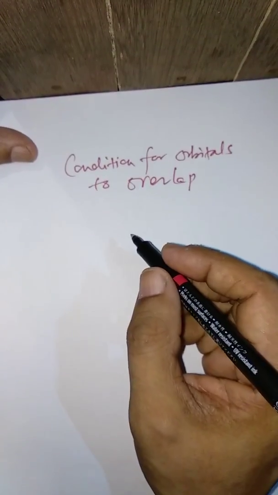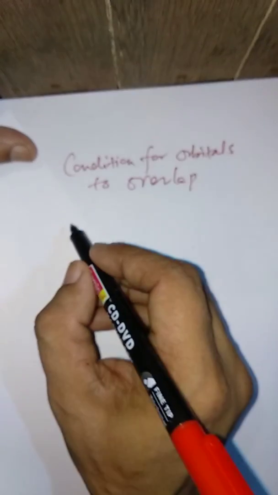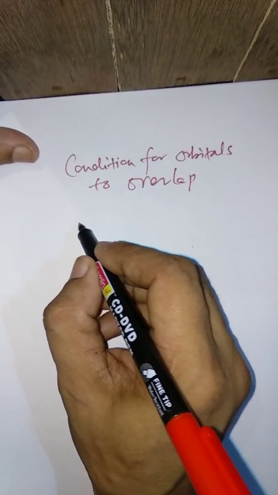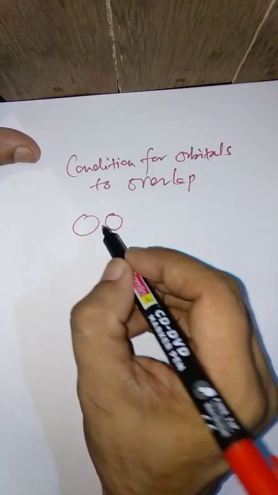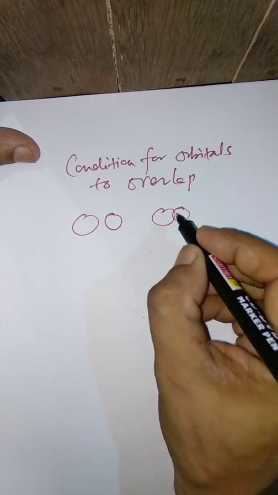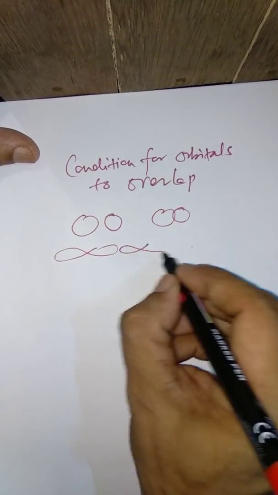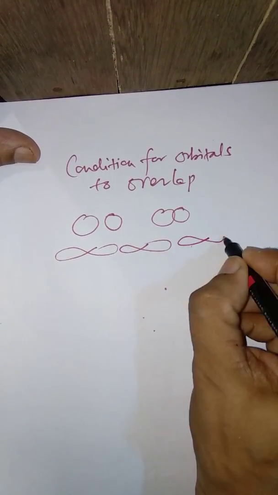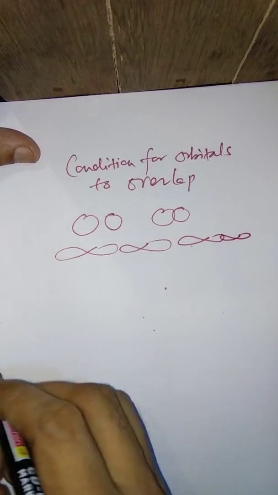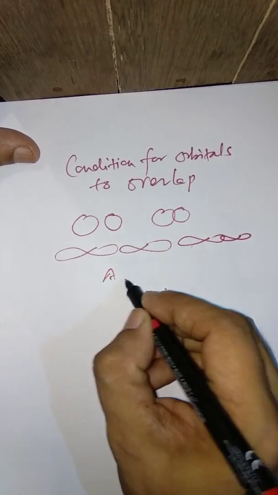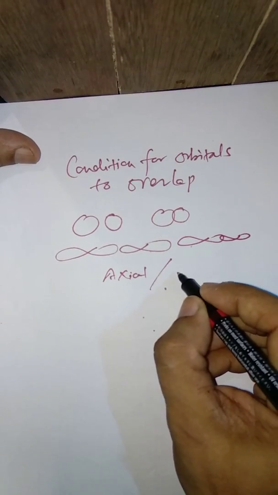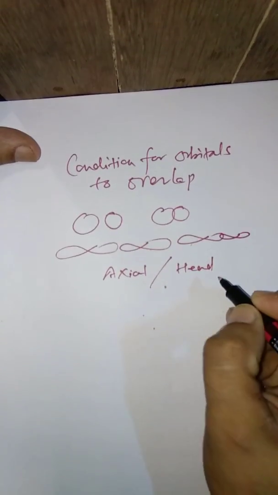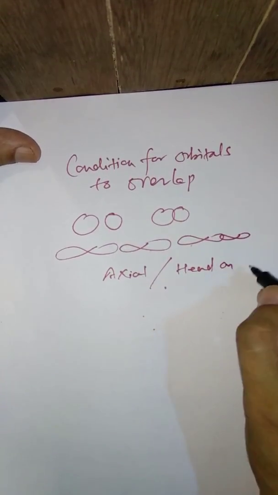We know that according to the VBT, orbitals may overlap head to head, that is axial. Like this is a p orbital, and this may overlap head to head. That is the axial, or head on head, overlap.